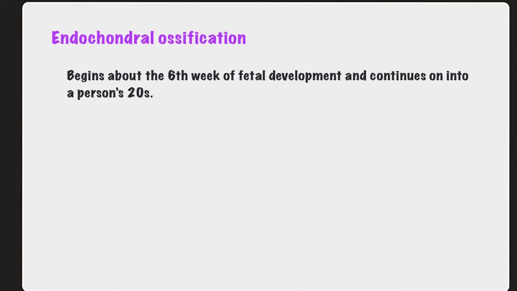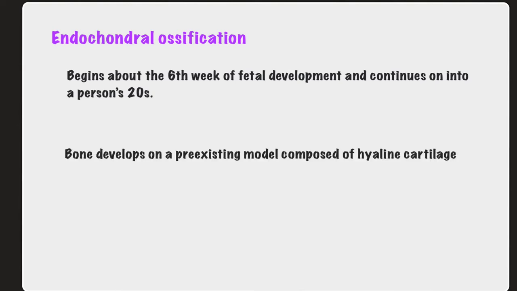Endochondral ossification, however, begins on a pre-existing model that is composed of hyaline cartilage. Let's talk about how this process begins and then how this process can actually continue on into a person's 20s.